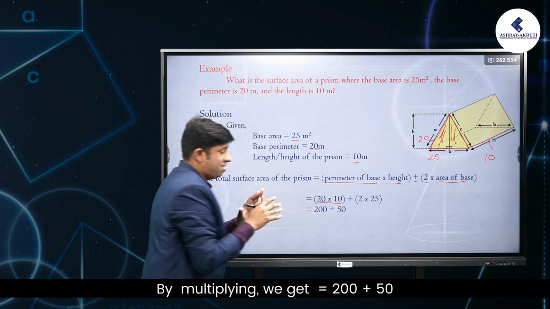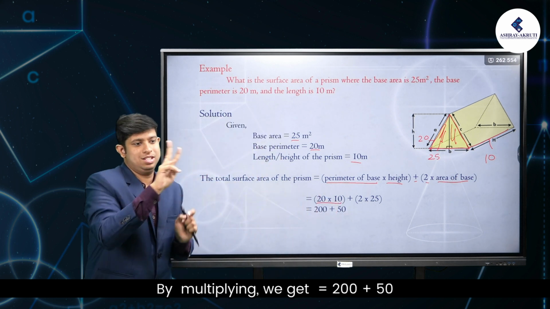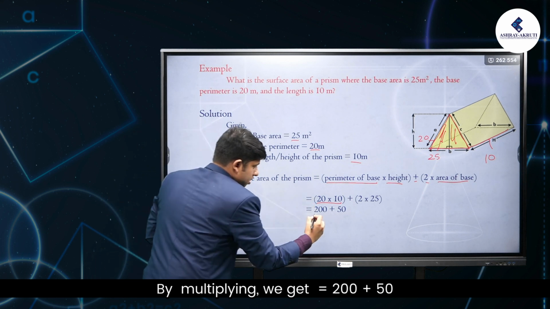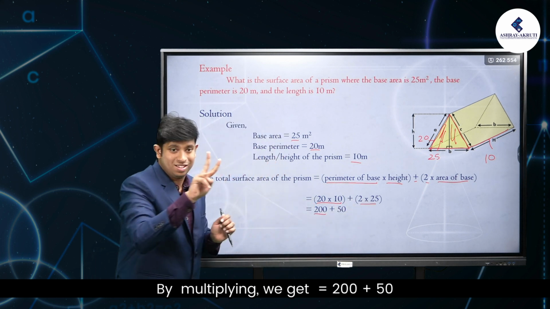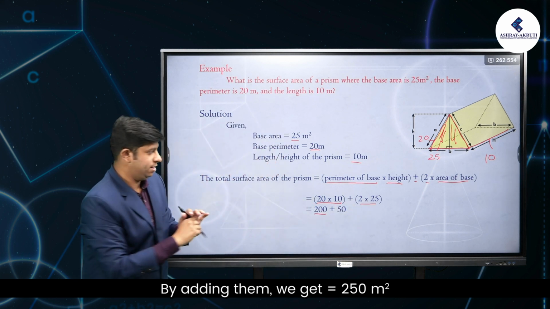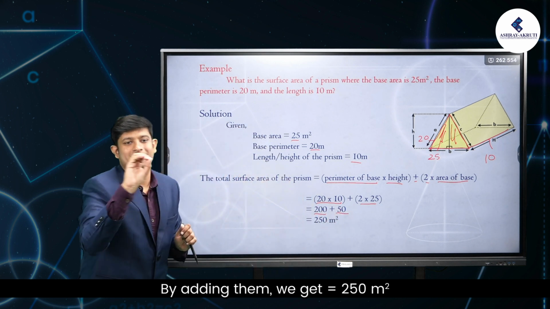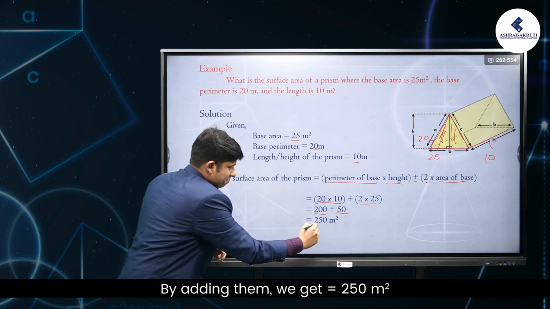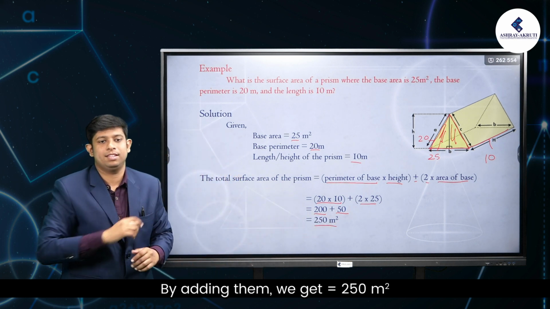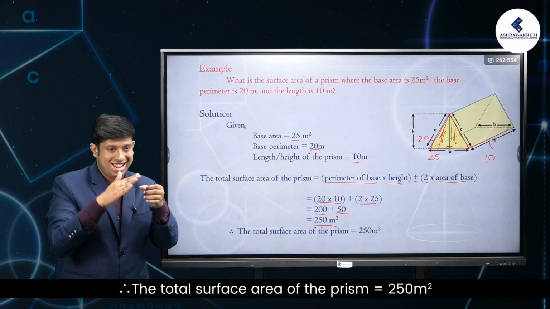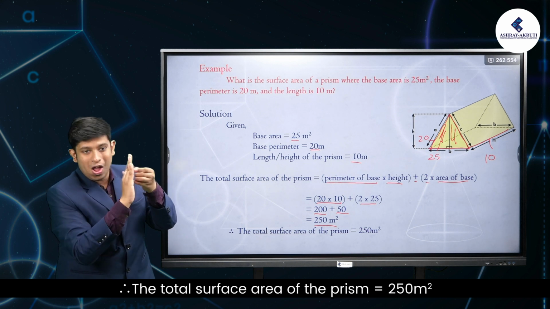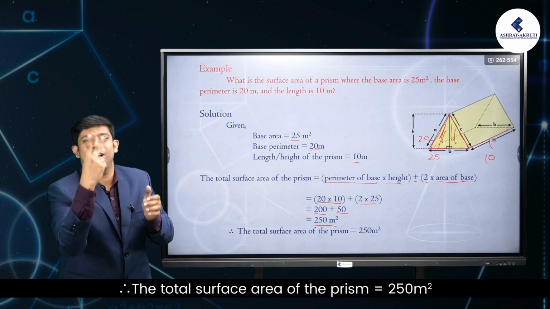By multiplying we get 200 plus 50. By adding them we get 250 meters square. Therefore, the total surface area of the prism is equal to 250 meters square.